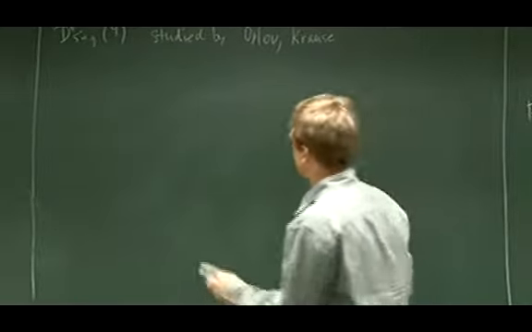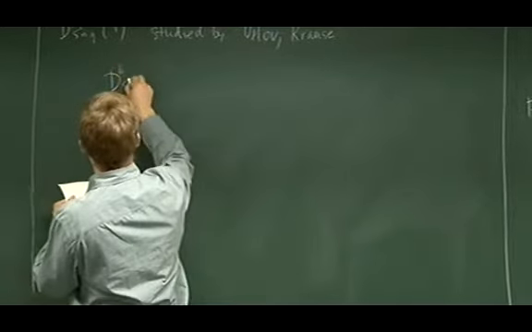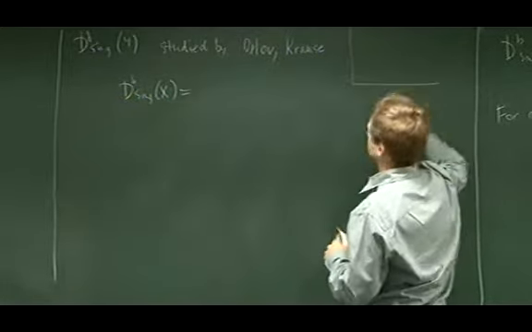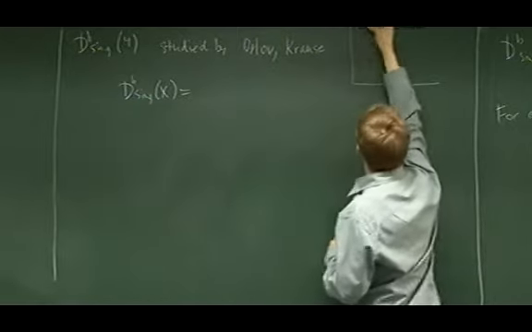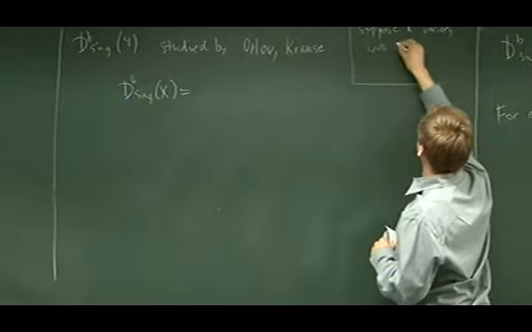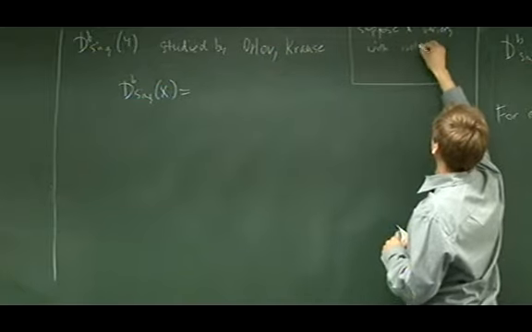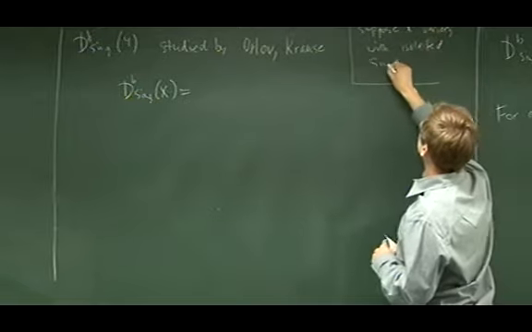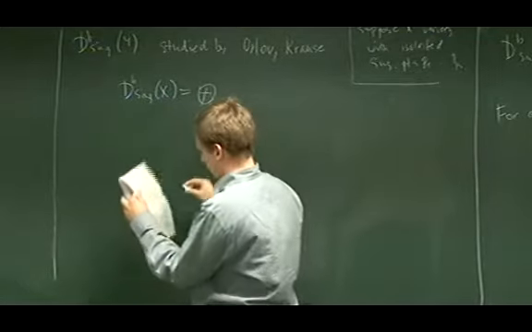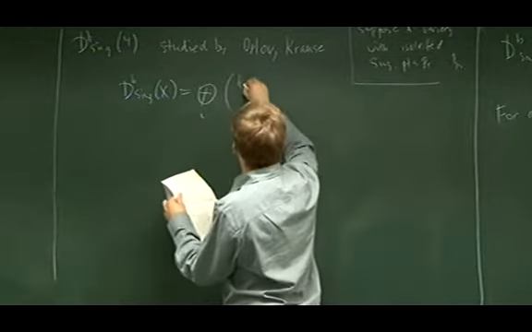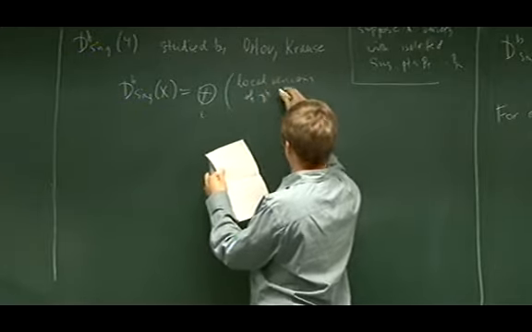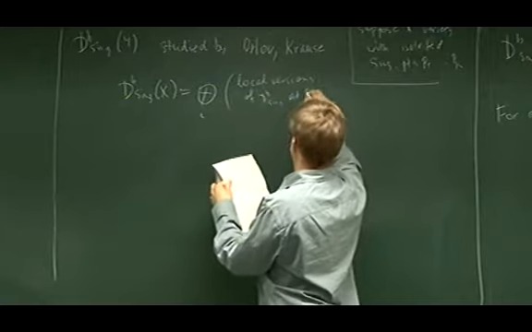A statement, again, which I will write only approximately, is that D^b_sing of X is equal to, well, suppose X is a variety with isolated singularities, singular points P1 up to Pk, and then this singularity category will just split into a direct sum of just local versions of D^b_sing at Pi.